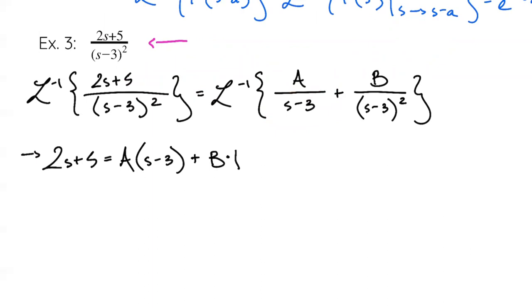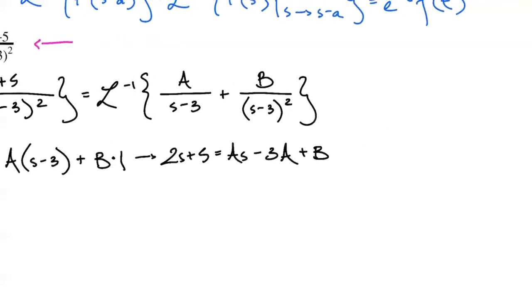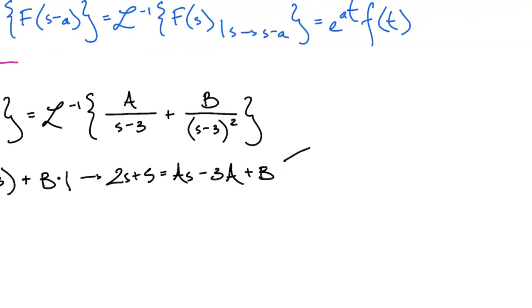If we were to expand this, we would get 2s plus 5 equals As minus 3A plus B, right? From here, we can set up a quick system of equations, and we'll see that 2s equals As, or A equals 2, right?